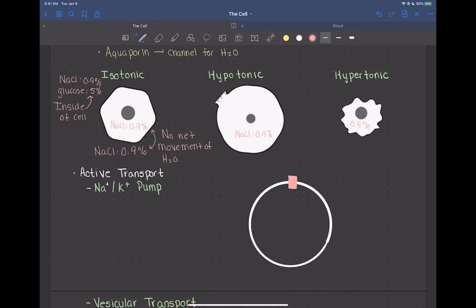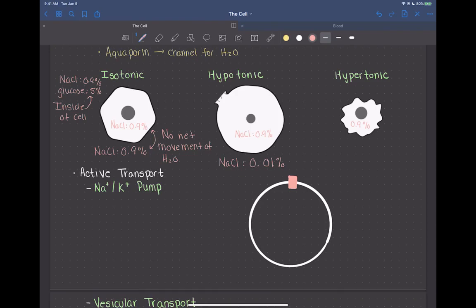Isotonic means the solution has the same salt or solute concentration as the inside of the cell. Then for a hypotonic situation, you would take the cell and place it in a solution that has a much lower concentration of salt. Remember, our rule is that water always moves towards more salts or more solutes.